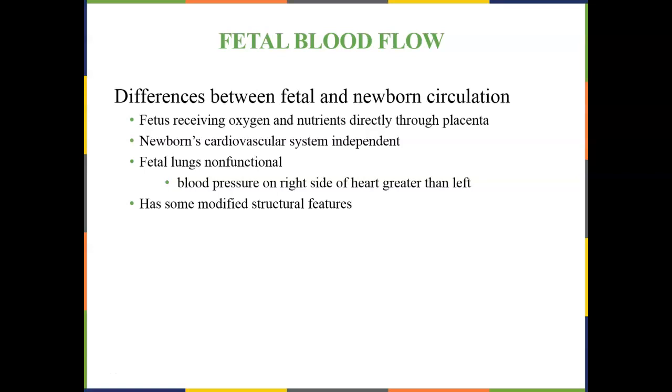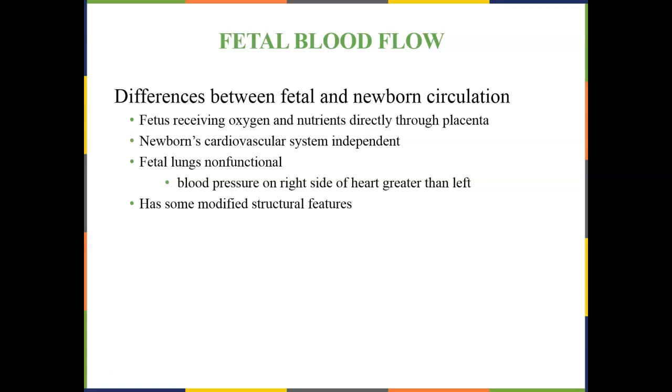There's a major difference in how blood flows and in how nutrients are delivered in the fetus, in a newborn, as well as in an adult. The fetus receives oxygen and nutrients from the placenta. In a newborn, we get our oxygen from the lungs, and the nutrients come from the food that we eat.